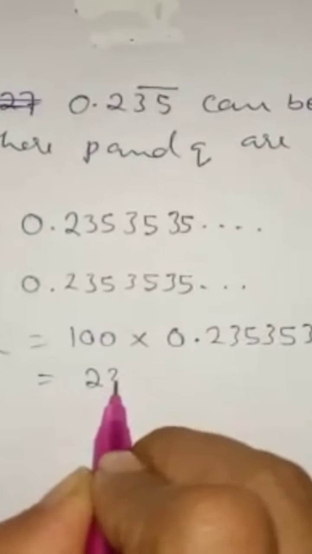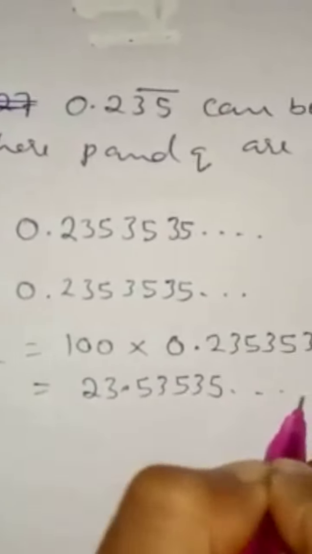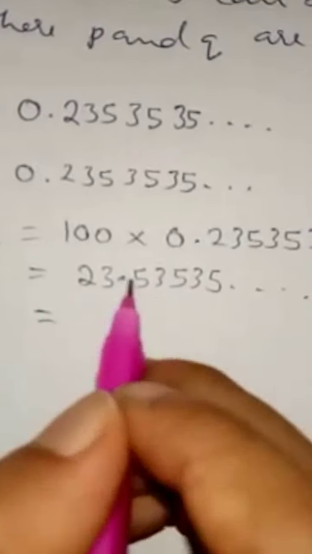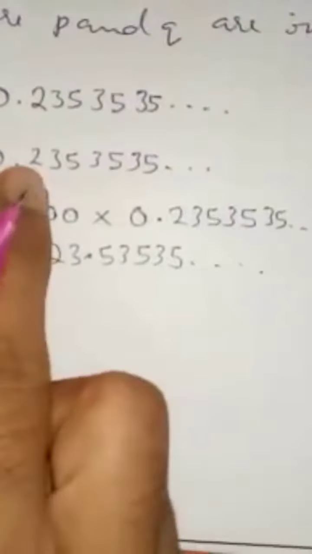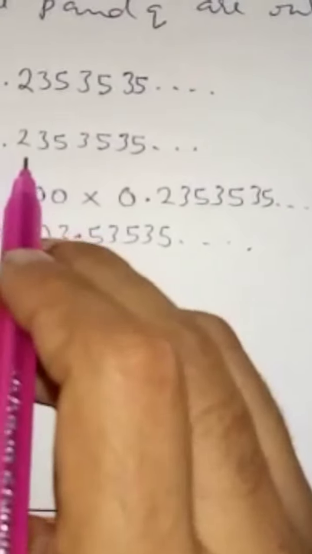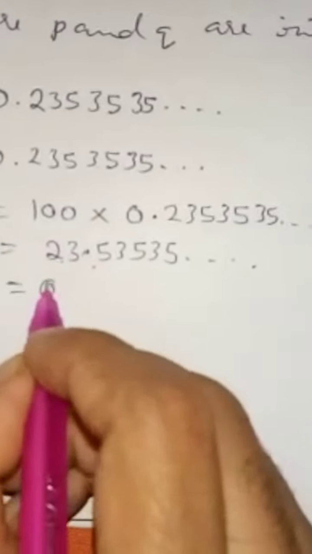So 23.53535 etc. Now you have to write this in the form of x. You should get x. What is x? 0.235, right? So subtract.